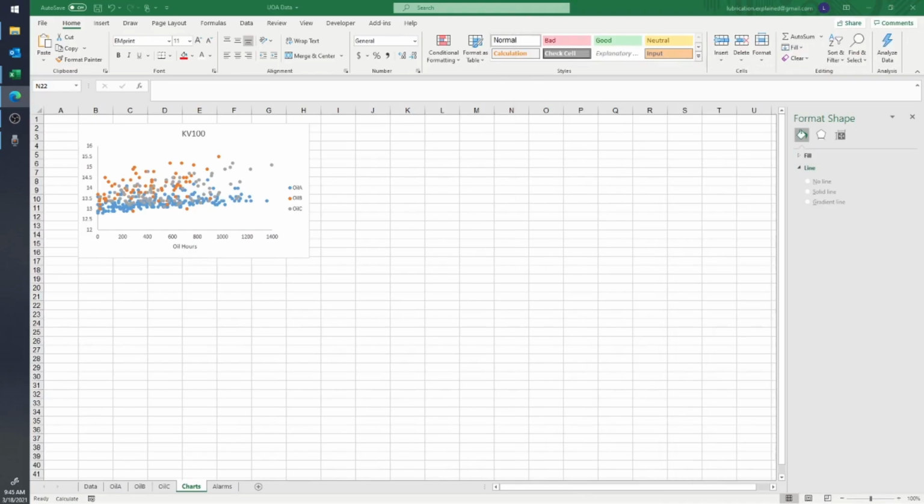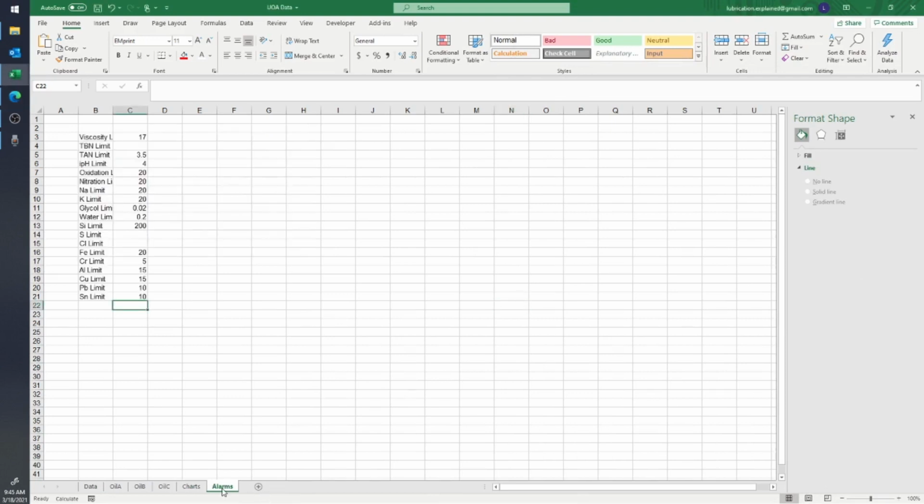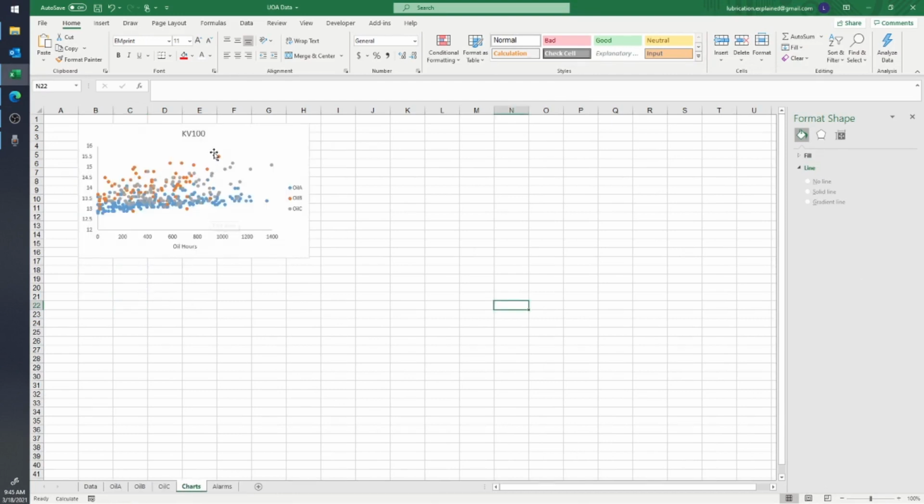And I've actually summarized this in a different sheet over here, which I've called alarms. So we're going to use those in a little bit. But what you can see first of all from the charts is that for KV100, right, everything remains below 17, so we are significantly below the limit, and so that all looks okay.